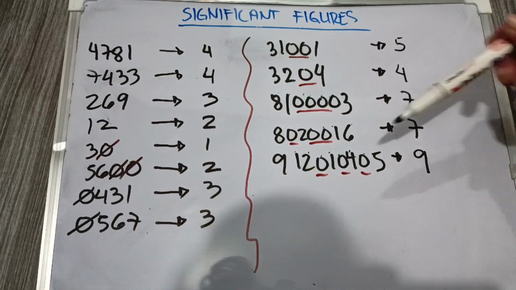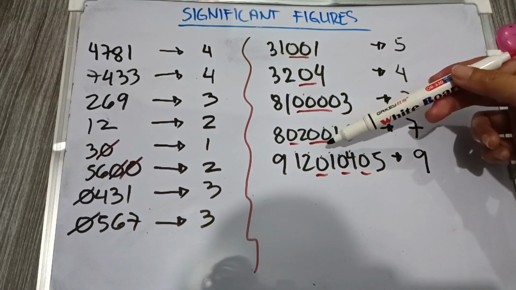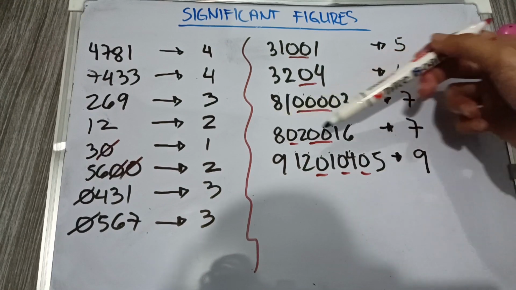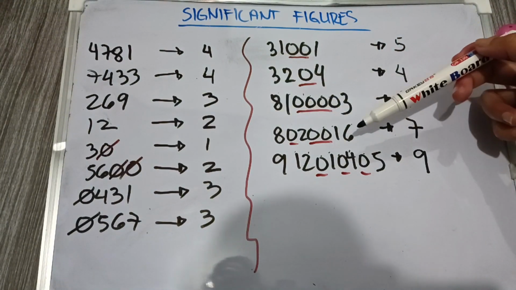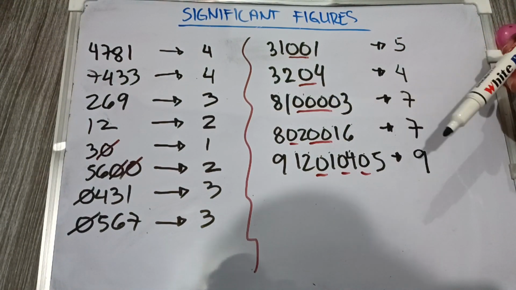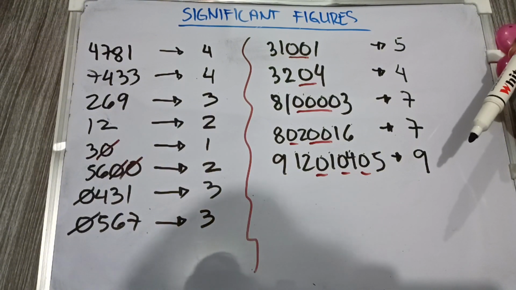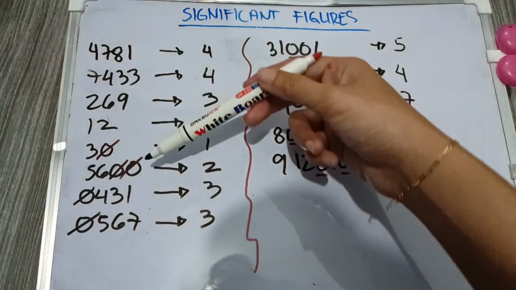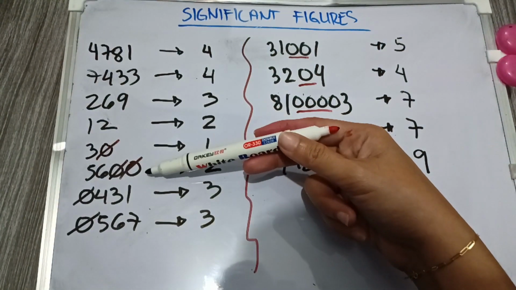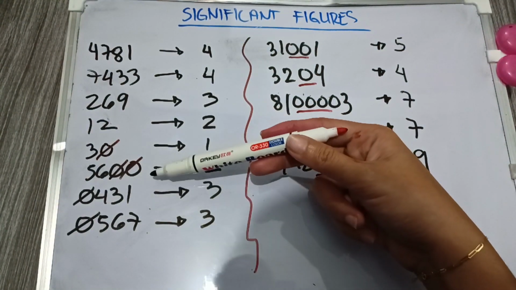Always remember that zeros between two significant figures are always significant, so they are being counted. Unlike here, they are not in between, they are at the last, so we cannot count that.